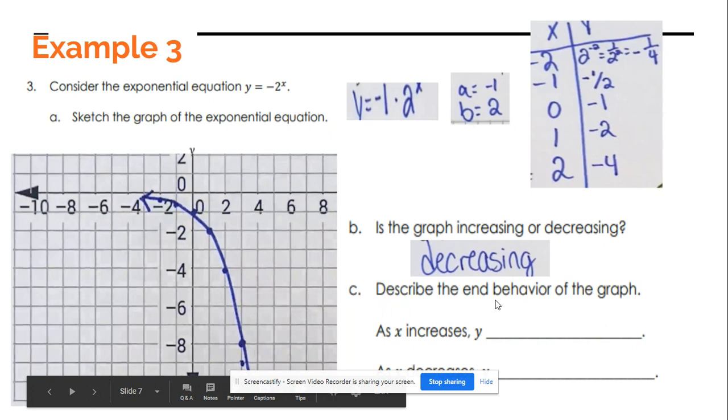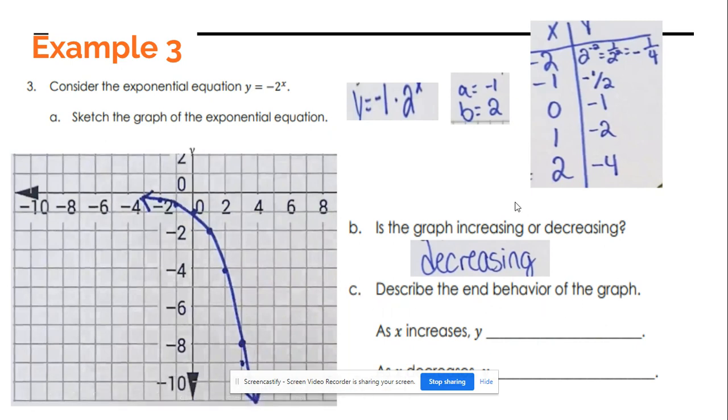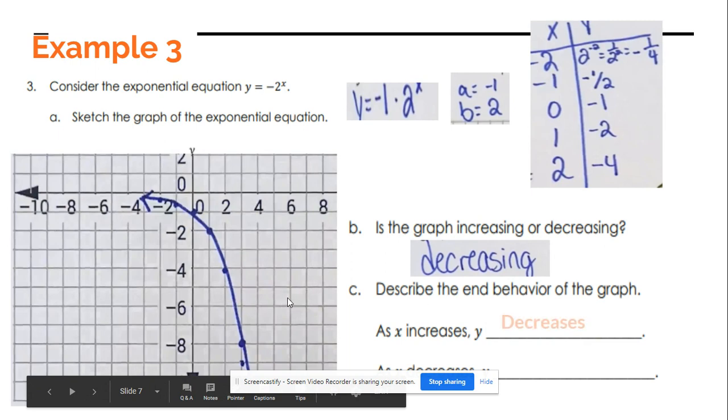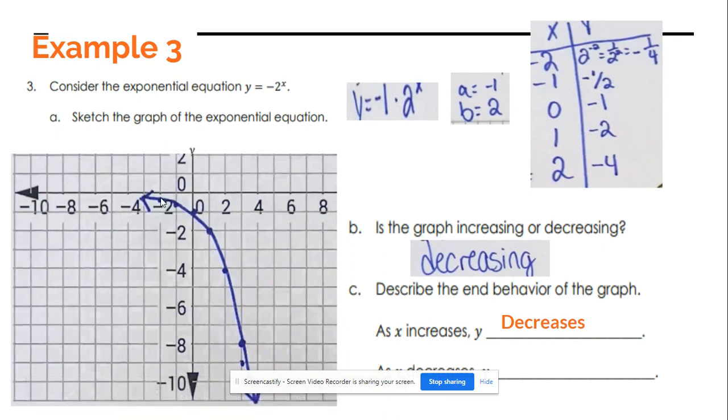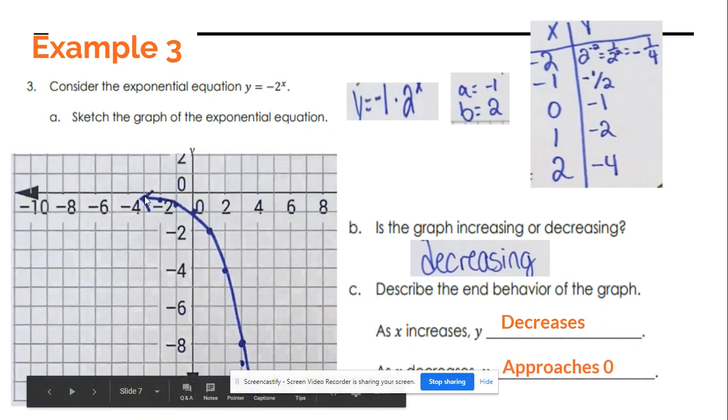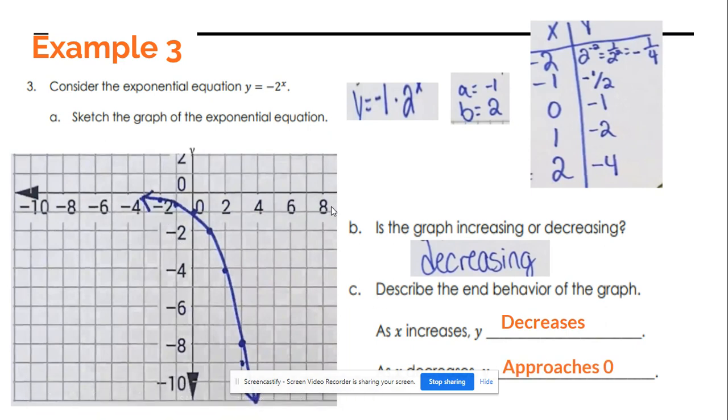If I'm describing the end behavior of the graph, that's where I'm looking for my arrows. As x increases, y is decreasing. We just looked at that. As x decreases, as x becomes -2 and -3 and keeps on going, my y values are approaching 0.